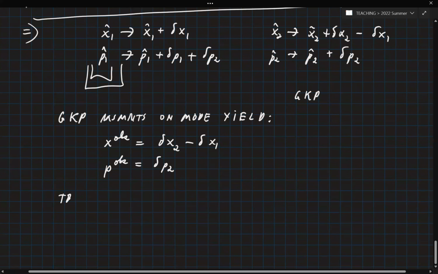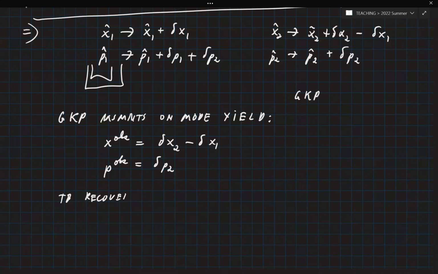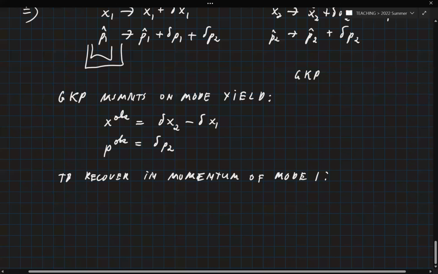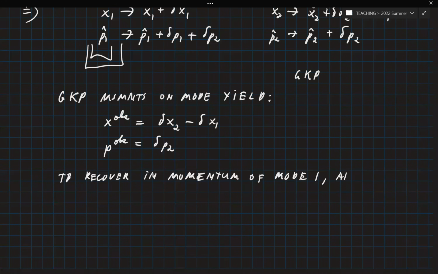And then to recover, versus in momentum, of mode 1, which is the logical mode, remember, we apply a displacement, so a position shift on mode 1 by delta P2.